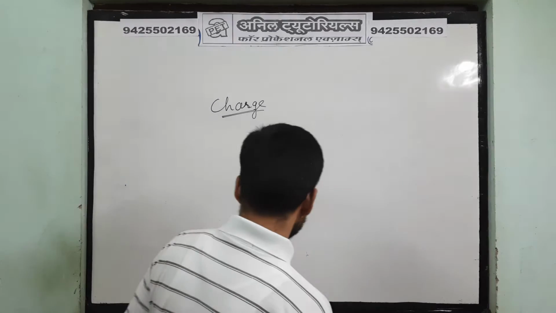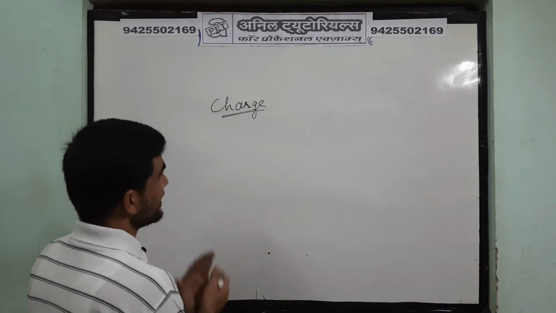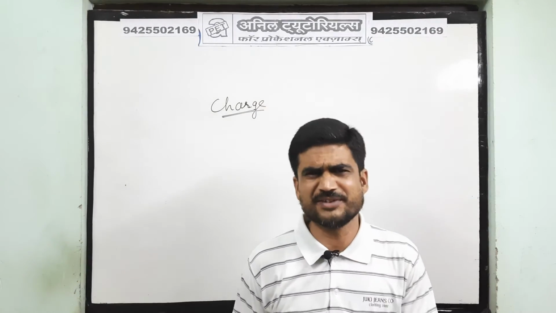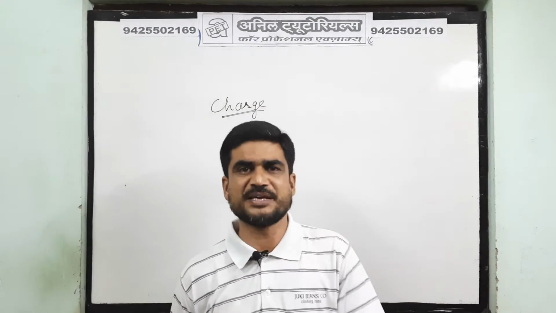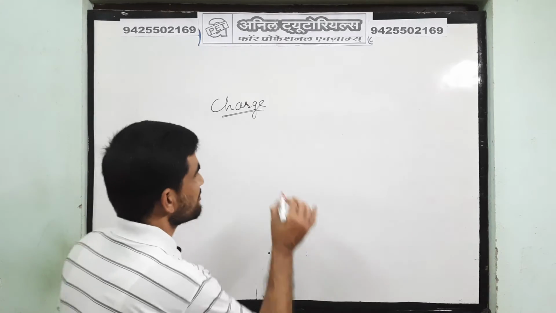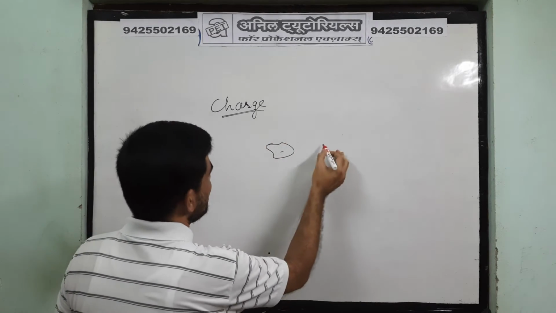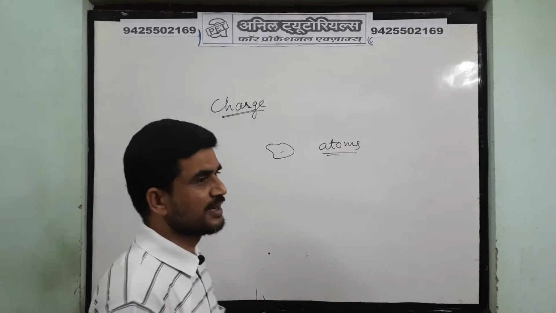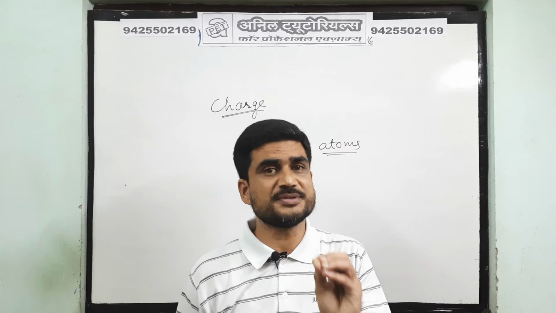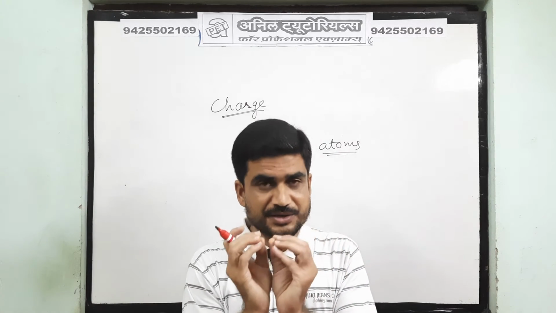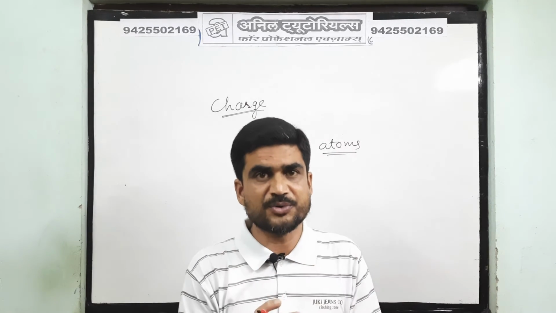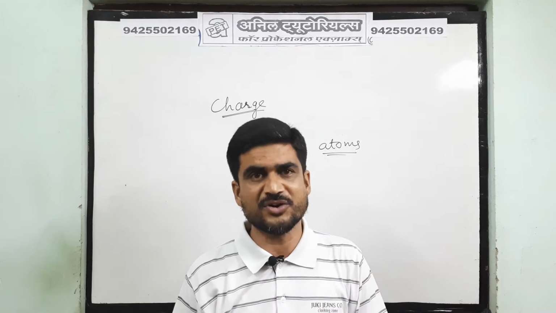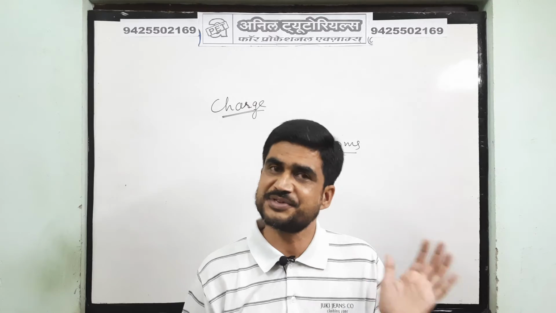And molecules are also made of atoms. Just take one example: suppose we have one piece of copper. It is made of atoms, and you know atoms contain neutrons and protons within the nucleus, and electrons are revolving in suitable orbits, that you studied.